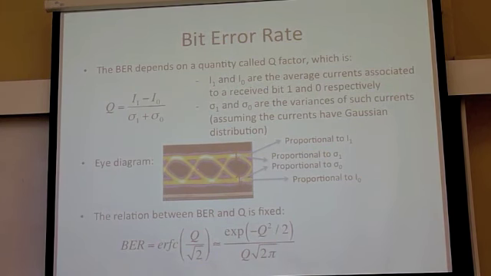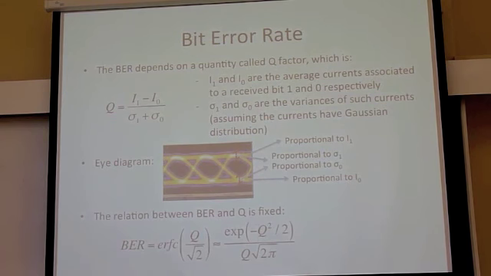If I decide to sample here, for example, that would be a poor position, because I receive something in the middle, so I'm not sure if it is a 1 or 0. I have a 50% chance of getting it right, which is as good as switching off the receiver and just guessing, because they have the same probability. So it's going to take the decision there in the middle.